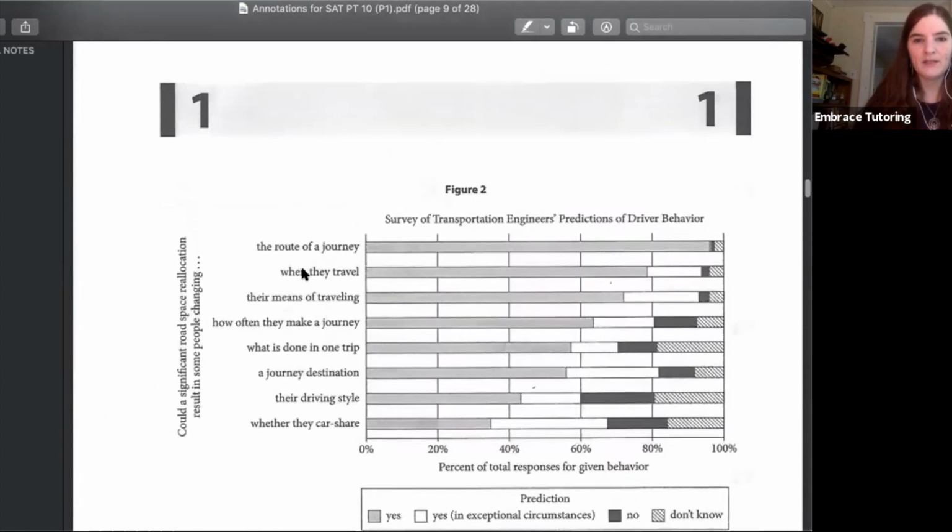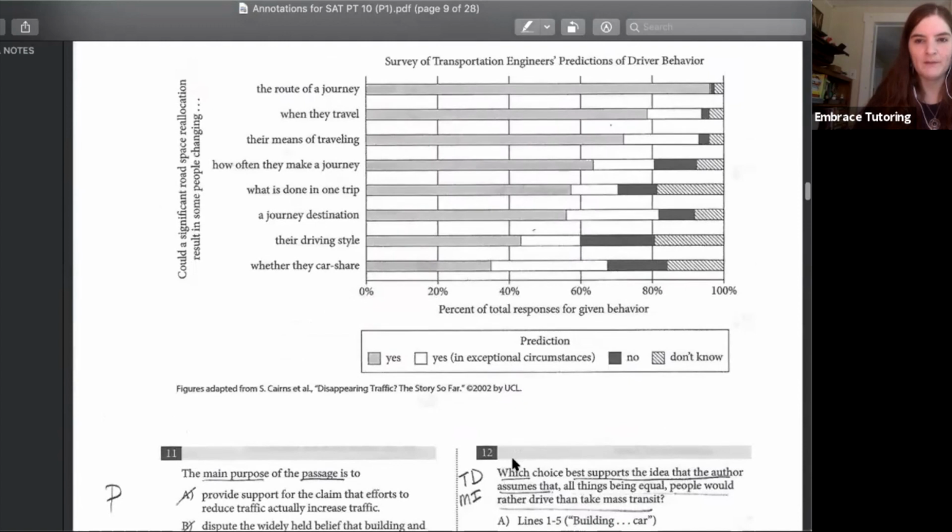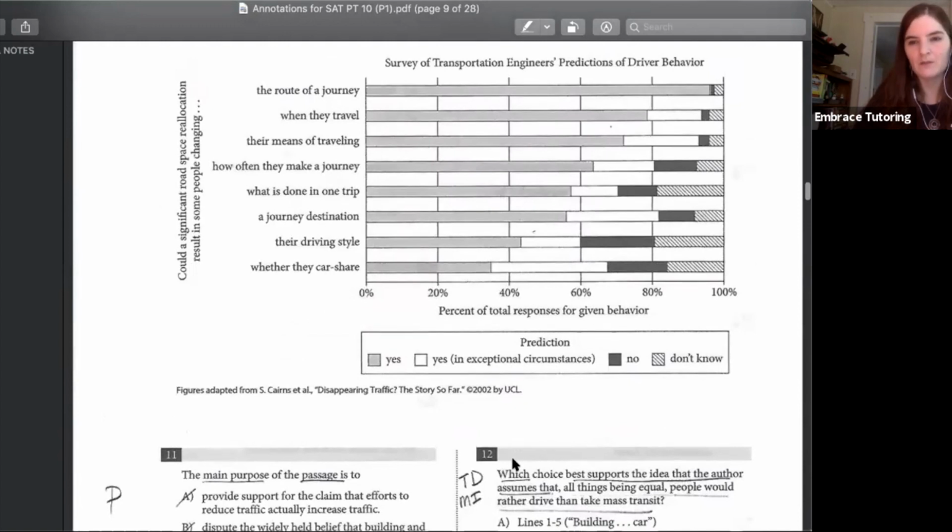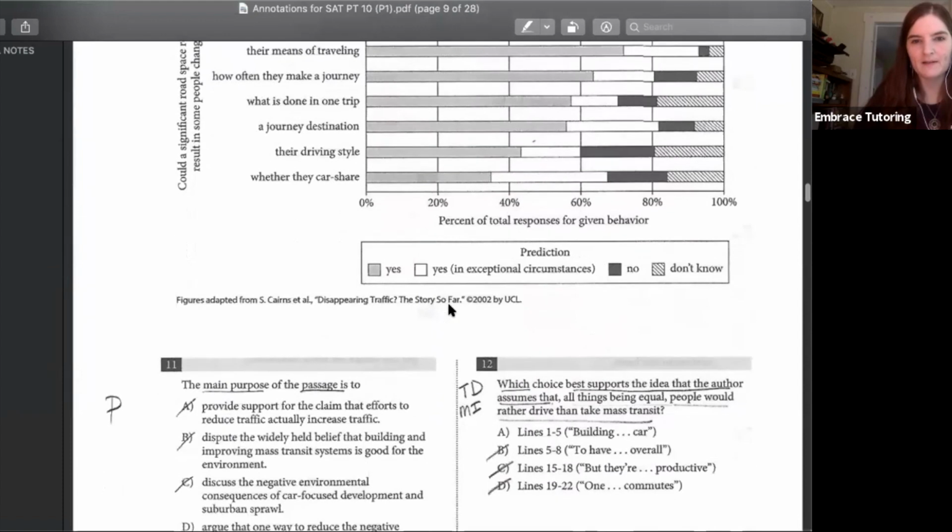You want to pay attention to the information they give you for each figure, because it can be confusing, and they deliberately try to confuse you in how it's organized sometimes. So you want to make sure that you're clear about what each infographic is asking. Okay.